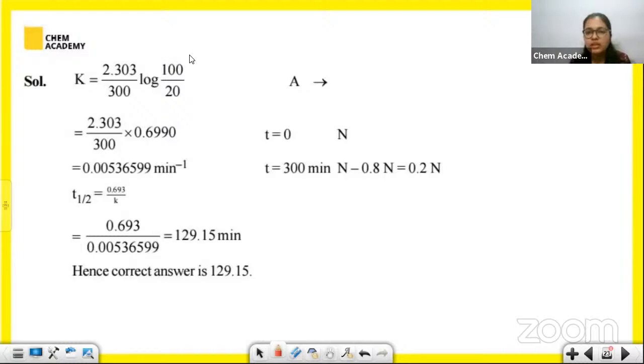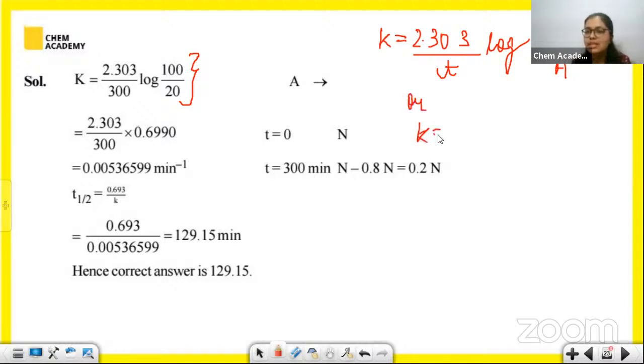This is the method we can determine the rate constant using this formula. So I'll tell you what this formula exactly is. It is K equals 2.303 divided by T into log of A naught upon A. Or it can also be written as K equals 2.303 by T into log of A upon A minus X. These are all the same.